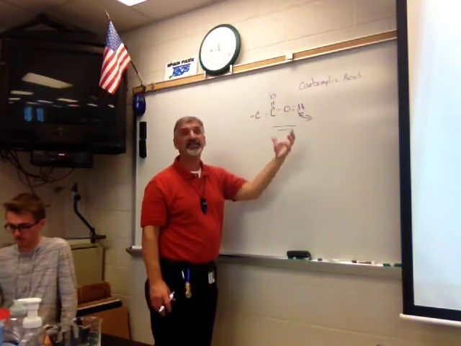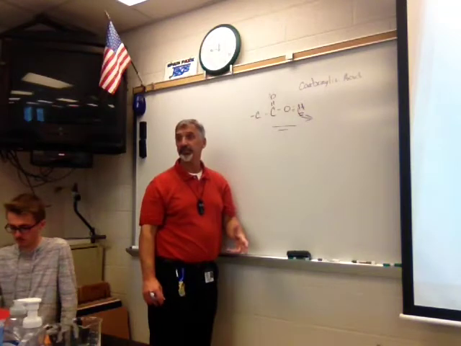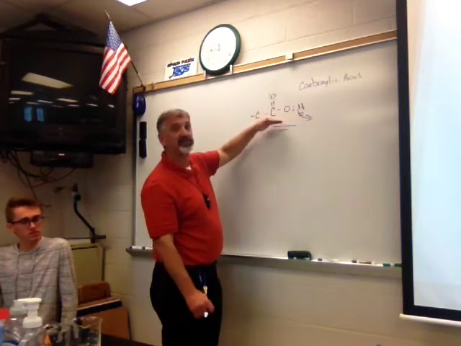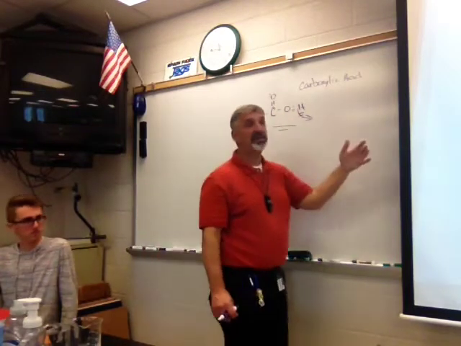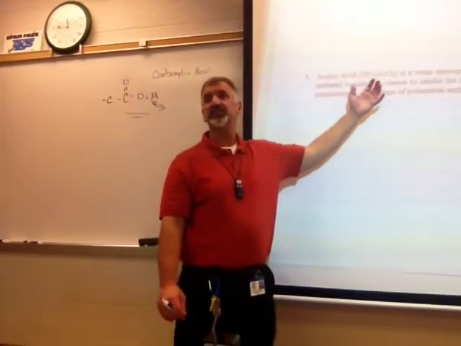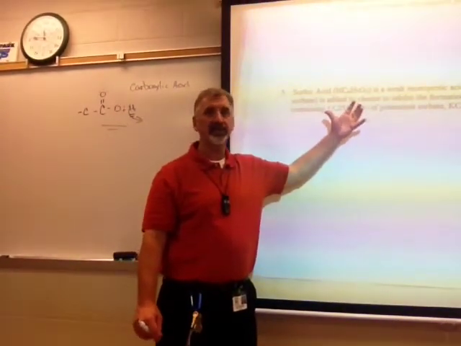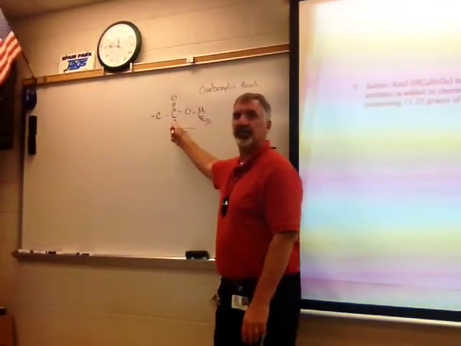And that stabilizes the ion, which makes it easier for that hydrogen to leave. So all organic acids have this carboxylic acid group. Anytime we have lactic acid, acetic acid, sorbic acid, propionic acid, it doesn't matter. It's just how many carbons are in the chain, but it's always going to end with COOH.